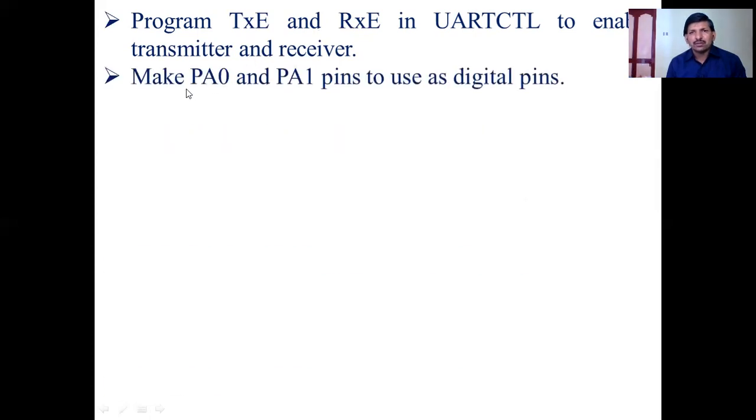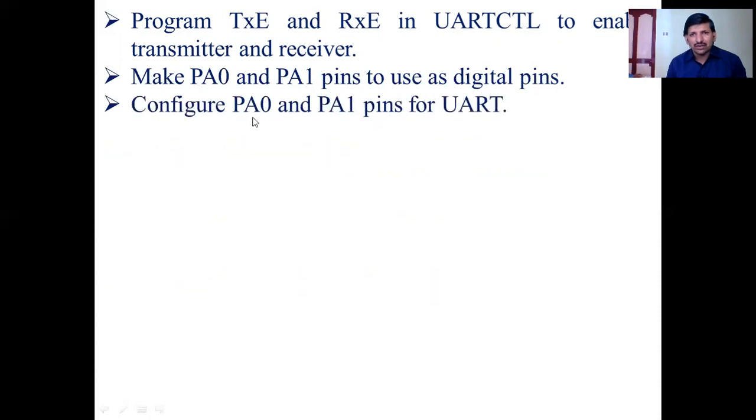Next, make the port A 0 pin and port A 1 pin work as digital pins. After enabling the transmitter and receiver, we enable these pins as digital pins. Next, configure PA0 and PA1 pins for UART by selecting the alternative functions.